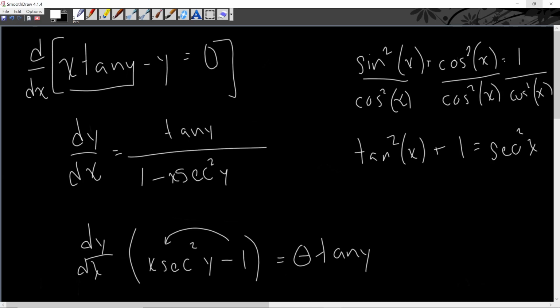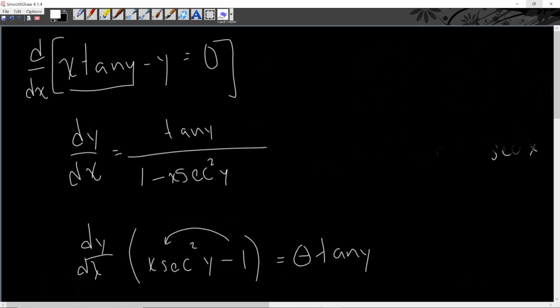I'm not the biggest fan of just brute force memorization. I just kind of like to think about how I would get to that idea from my head. But yeah, it doesn't matter too much.